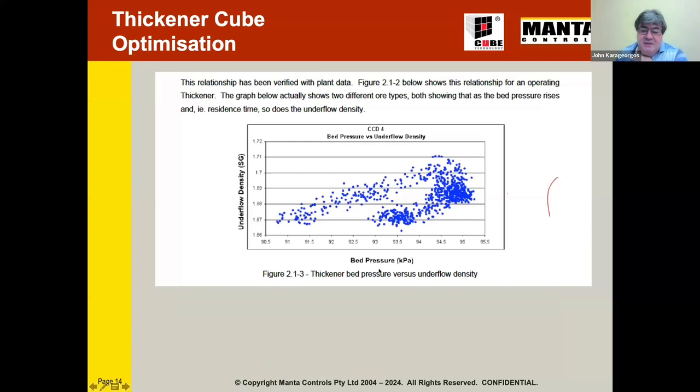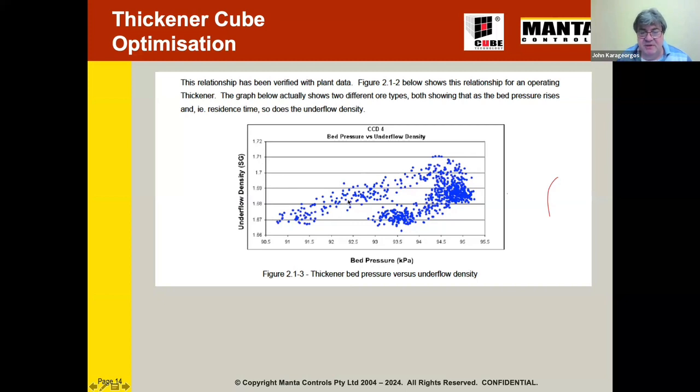Everyone's got bed pressure. You're trying to find where the solids are in the thickener. I've got just generic data here. You can see that as we increase inventory in the thickener, as long as it's safe, we're compacting, and the density relationship with two different ore types follows the same trend.